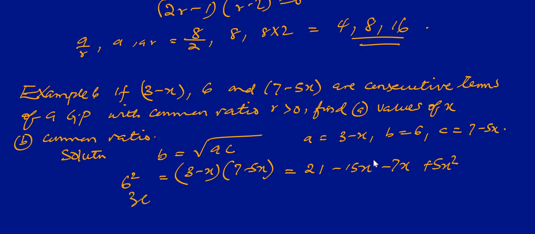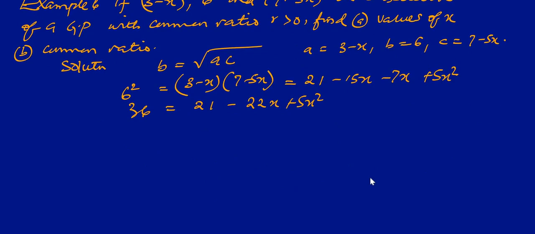So that means 36 will be equal to 21 minus 22x plus 5x squared. Then when you collect like terms, you're going to have 5x squared minus 22x plus 21 minus 36 is equal to 0.